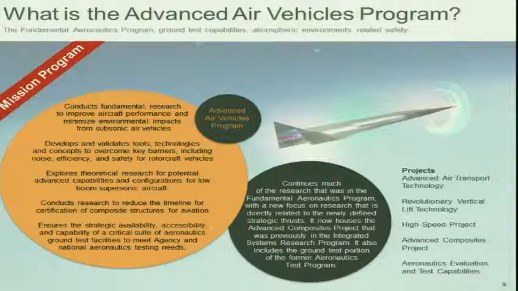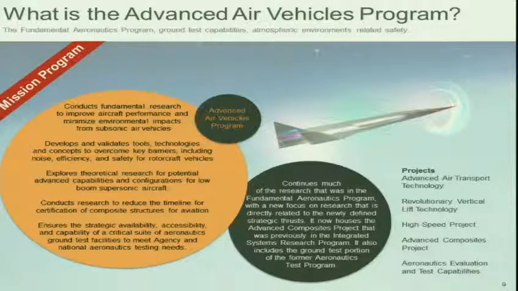But one thing we haven't talked about so far in the session yet is those capabilities that enable the research to happen. When Bob showed that list of programs, one thing that you didn't see up there was our ATP, or Airspace Technology Program. That handled things like our facilities, our ground test facilities, or our flight test assets.